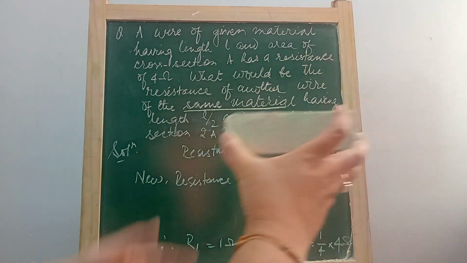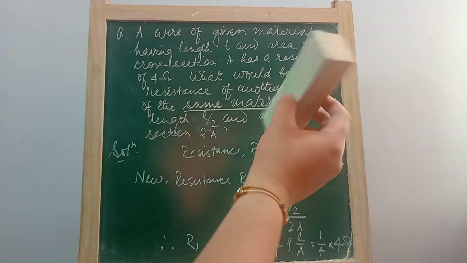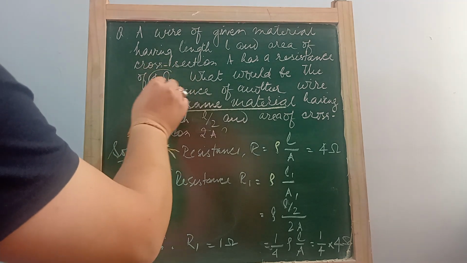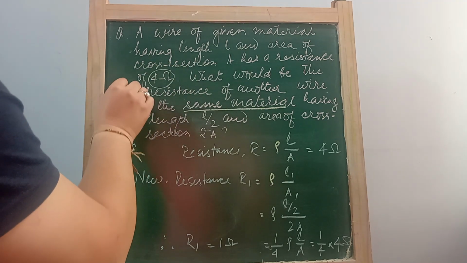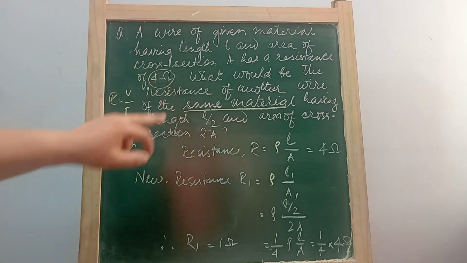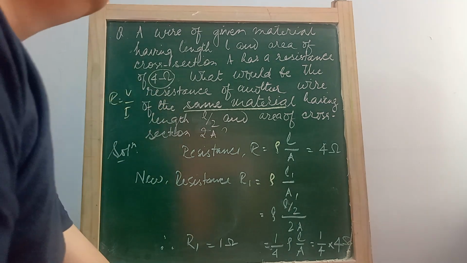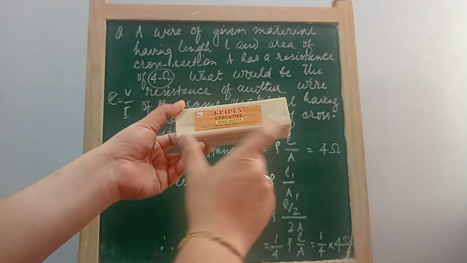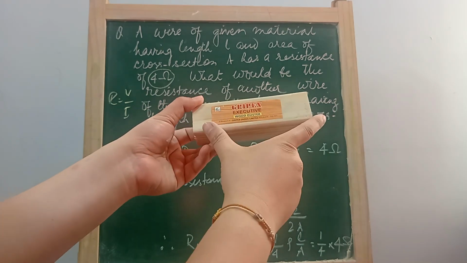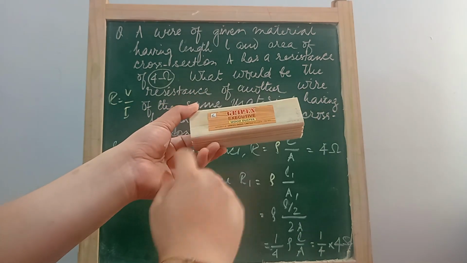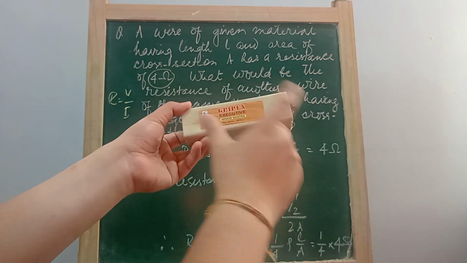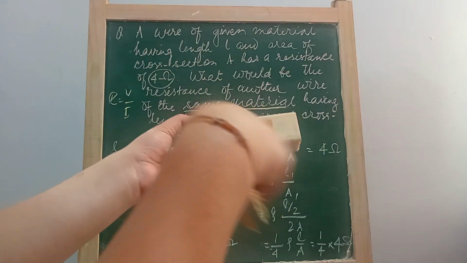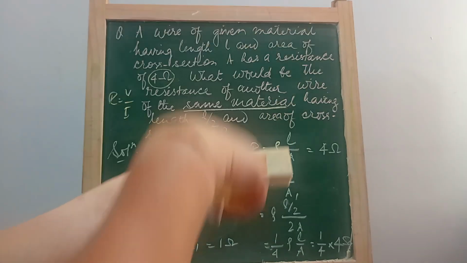For this particular material, the resistance is 4 ohm. I just want you to understand the meaning of 4 ohm. According to Ohm's law, resistance is V by I. So 4 ohm means that if you are able to maintain a potential difference V, then because of that some electric current I will flow, and the ratio of that potential difference to the electric current will be 4.